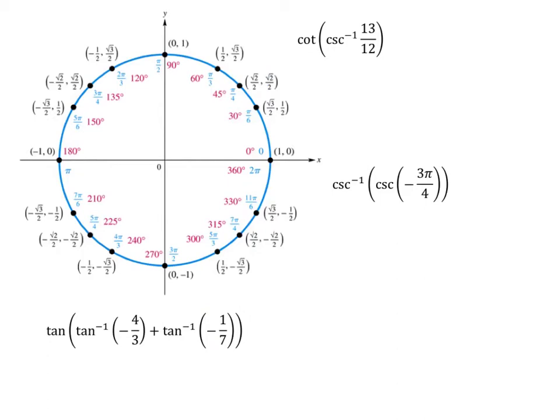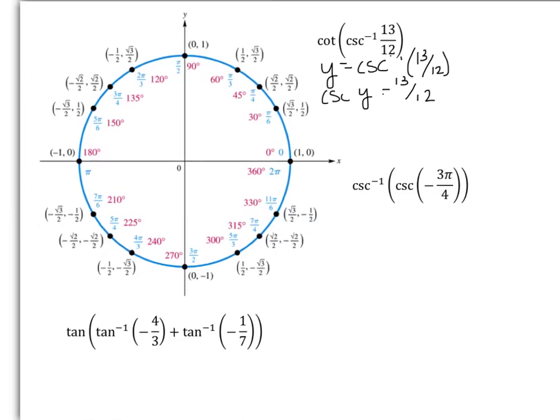Taking a look at these next problems, they're going to be a little bit more of a challenge. But we will be able to use some Pythagorean identities to work through these. So for the first one, what I will do is I will let y equal the inverse cosecant of 13/12, which means that the cosecant of y is 13/12.